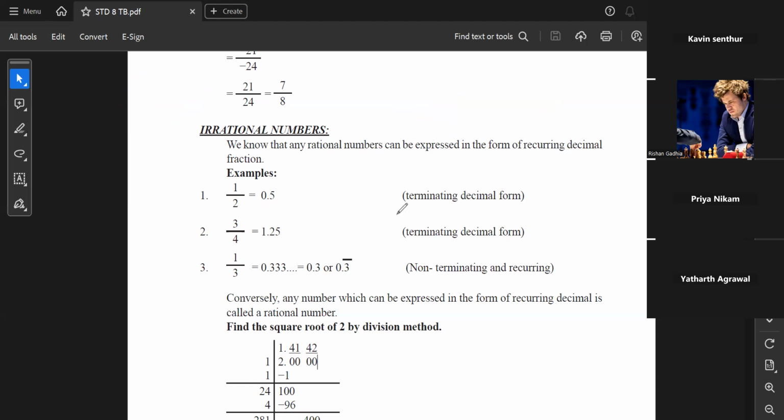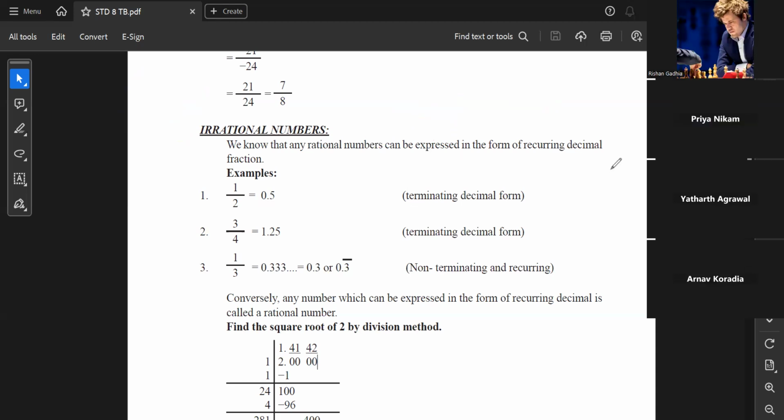Yes, sir. Next, Rishan. Sir, you had said earlier that irrational numbers cannot be represented as a fraction.